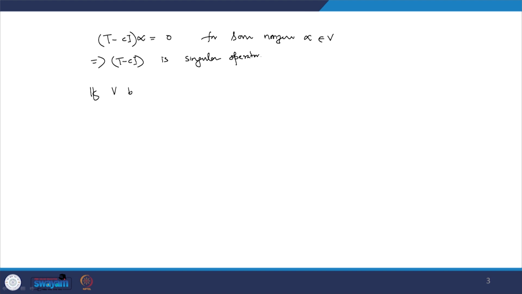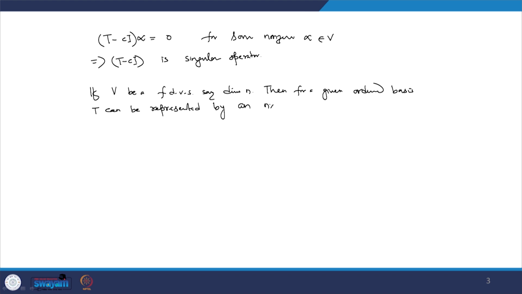If V is a finite dimensional vector space, say of dimension n, then for a given ordered basis, T can be represented by an n cross n matrix, say capital A. So, if it is finite dimensional, then we can associate this operator with an n cross n square matrix if the dimension of this vector space V is n.